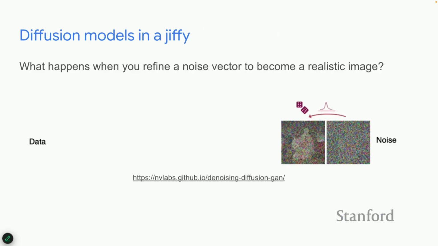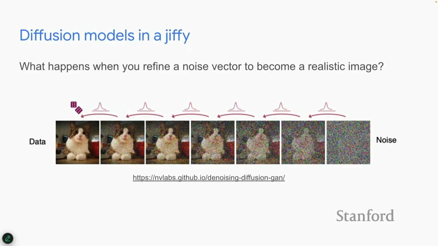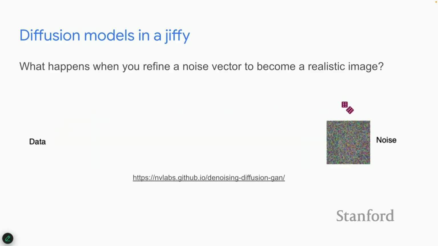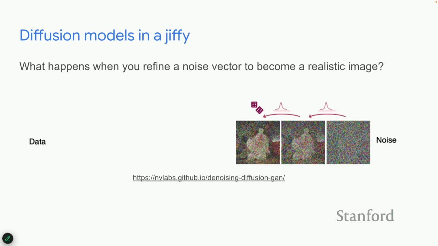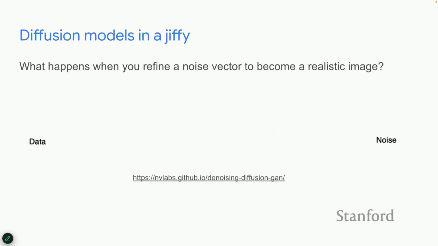I also want to give you an infographic of how I like to think about diffusion models in general. When you take a random noise vector, what happens as you denoise it over a period of time is that it becomes a photorealistic image. If you look closely, you will notice that it's an iterative process, unlike GANs.